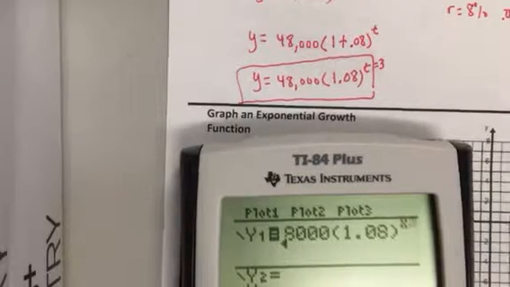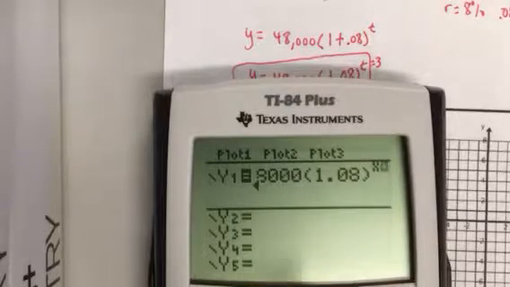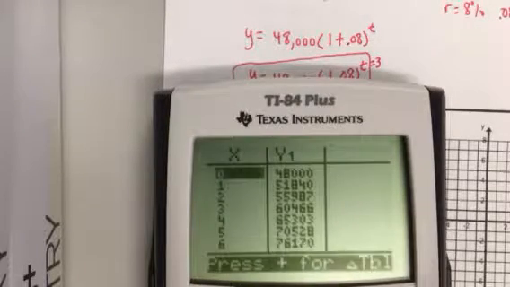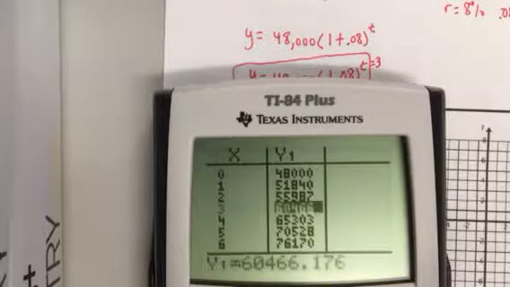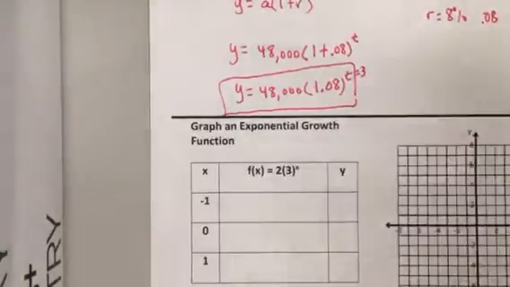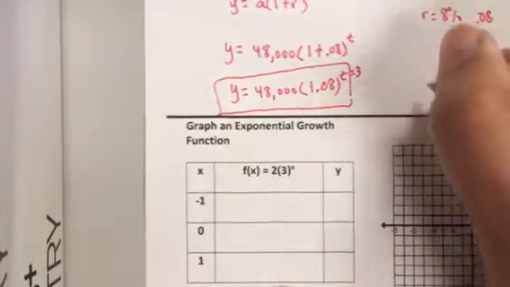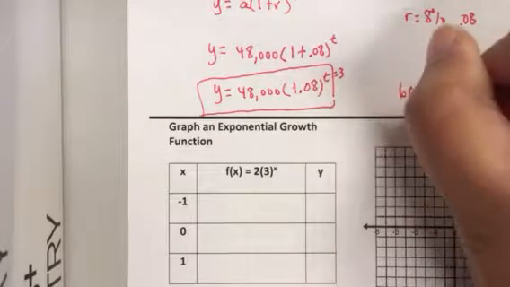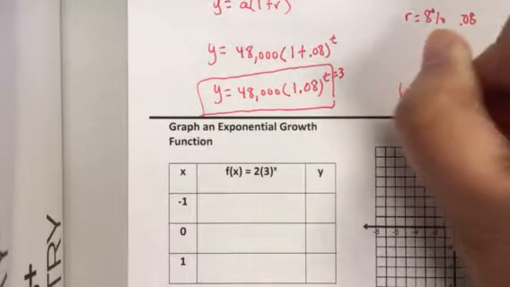Now I'm going to go to the table, and I want to go to year 3. Year 3, rounded to the nearest dollar, would be 60,466. That would be our second answer to this particular problem.